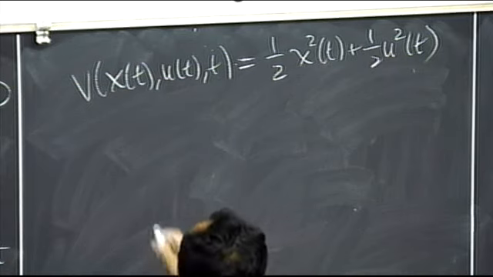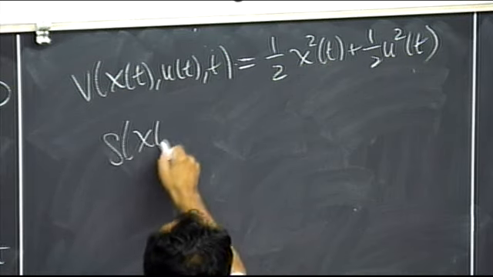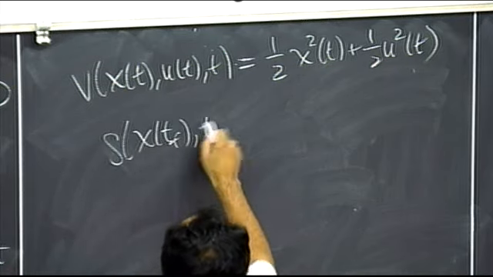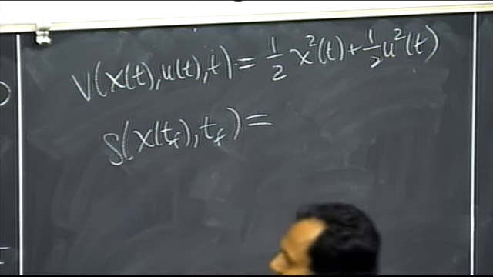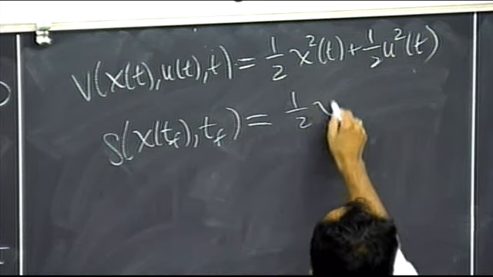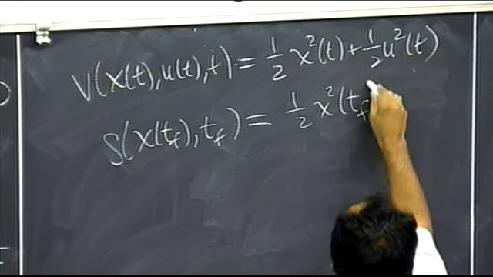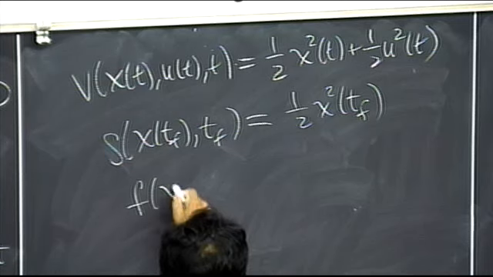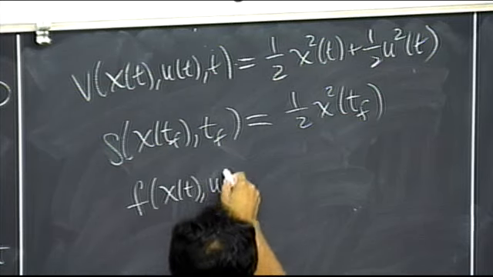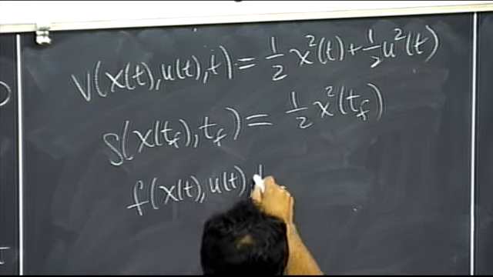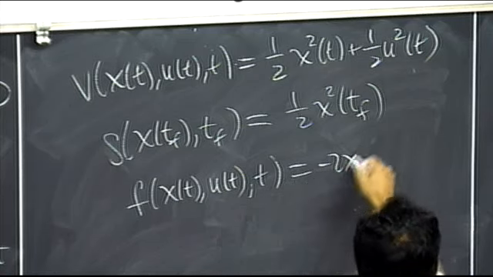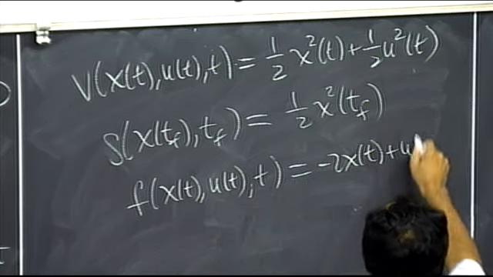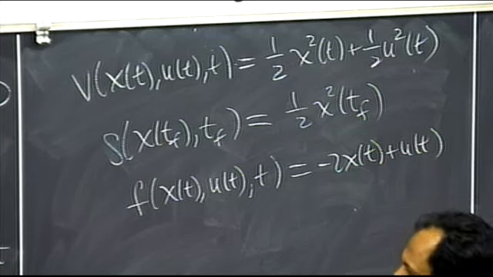I've got my Mayer cost, which is equal to 1/2 x squared of tf. And I've got f of x of t, u of t, t is equal to minus 2 x of t plus u of t.